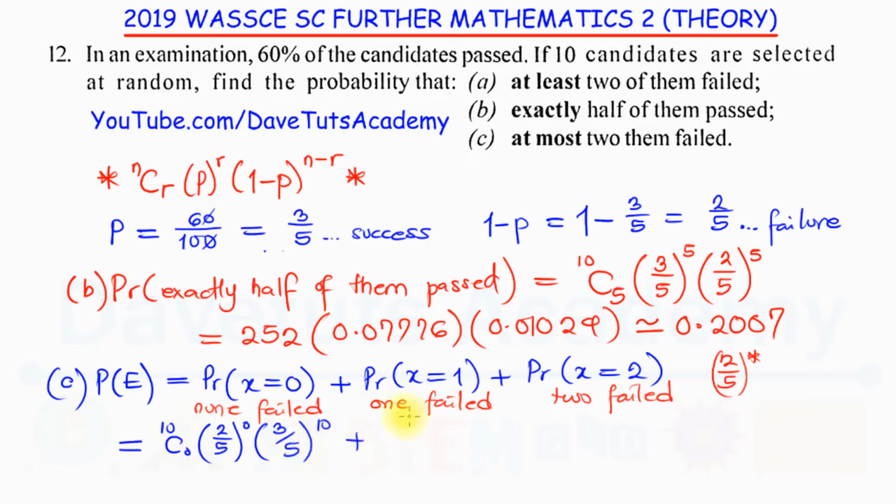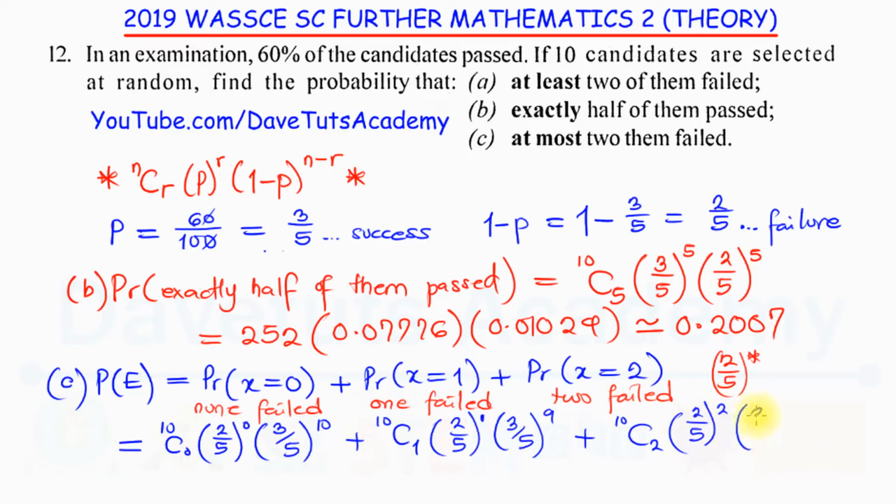Plus in the second case, 1 failed, so we have 10 combination 1 multiplied by 2 over 5, which is for failure, raised to power 1, then 3 over 5 raised to power 9. And then for the third case, we have 10 combination 2 multiplied by 2 over 5 raised to power 2, since 2 are now failing, then multiplied by 3 over 5 raised to power 8. Okay, so that is the ideal way to go about solving this.